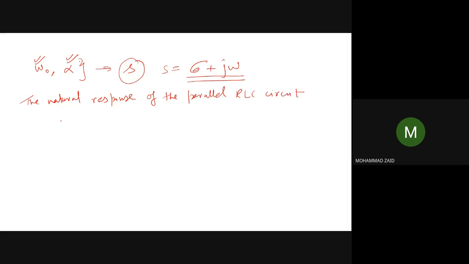can now be written as v(t) is equal to, can you guess what it will be?